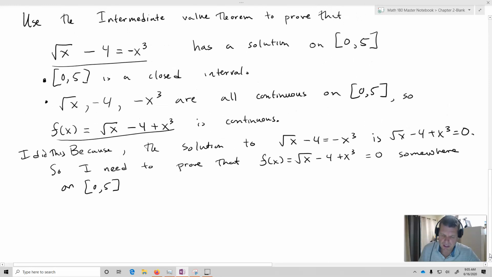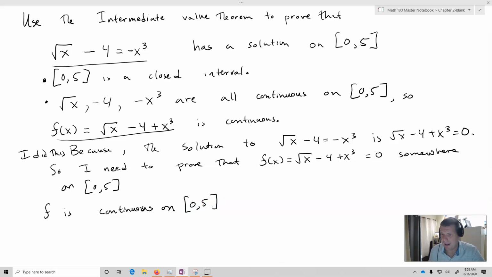So now I have this function f, and f is continuous on a to b, or 0 to 5, excuse me. The next part that I need to prove is that 0 is actually between f of a and f of b.